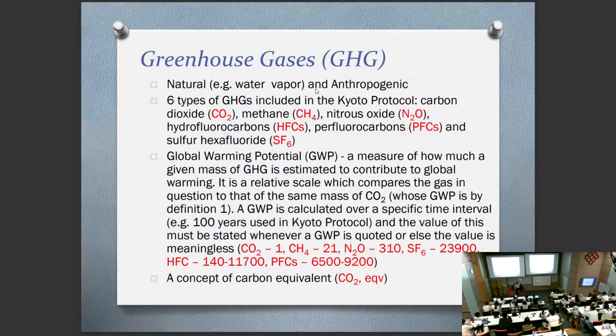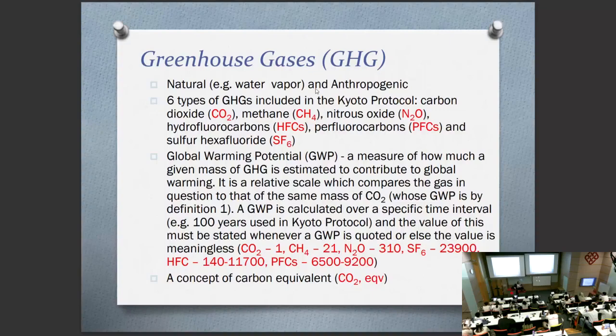And in order to estimate the carbon footprint or the effect to global warming due to different kinds of greenhouse gases, you have to understand a concept called global warming potential. It is a measure of how much a given mass of greenhouse gas is estimated to contribute to global warming.